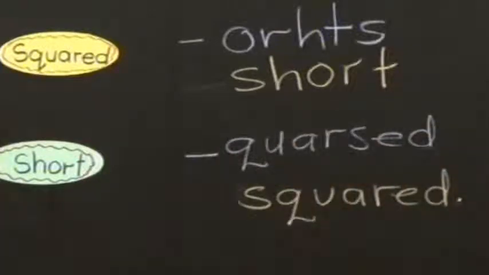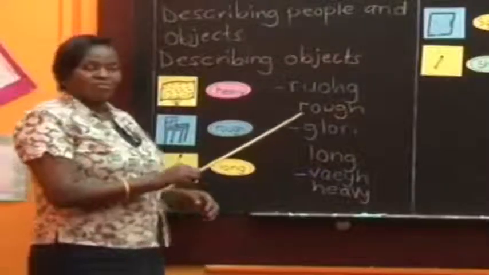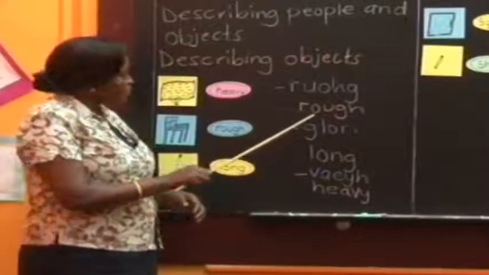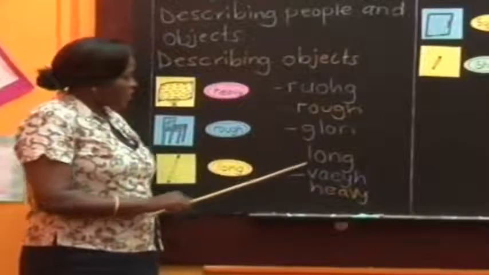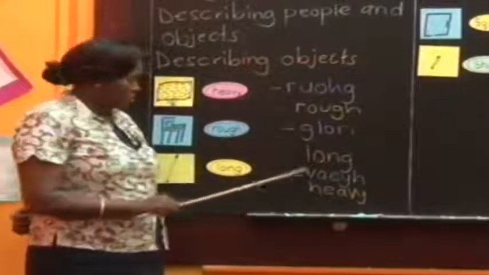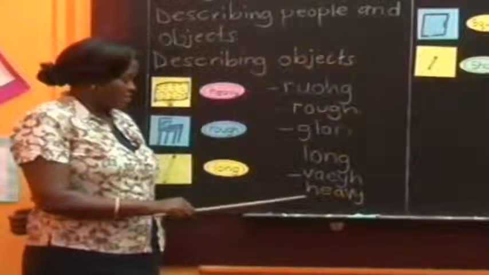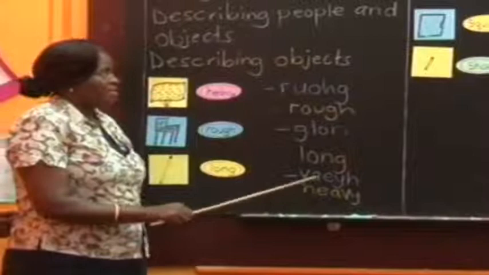So we have tried to spell our words which we have looked at, which we use when we are describing objects. The first word is rough. Rough. The second one is long. Long. Our next word, heavy. Heavy.